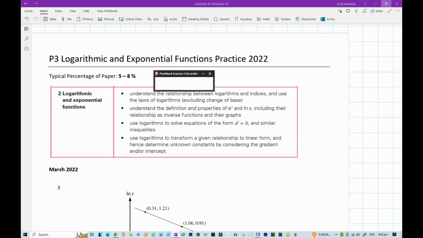Now, let's look at ln(x). Well, it's undefined for 0, but you know that ln 1 is 0, so you've got a point here.